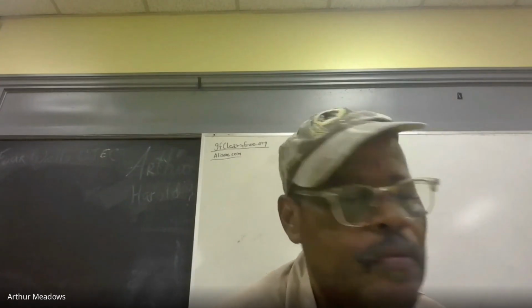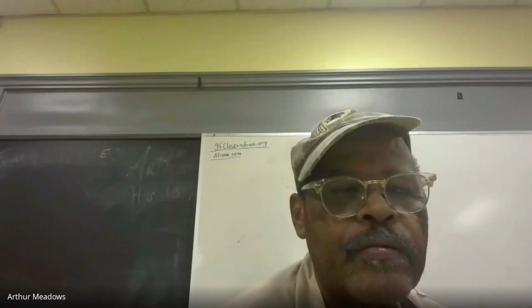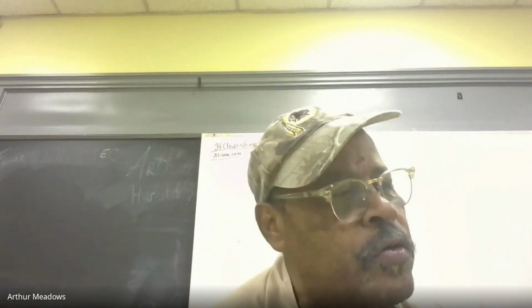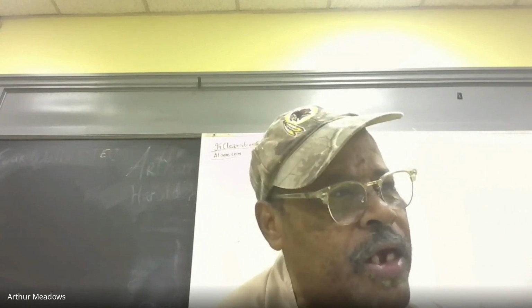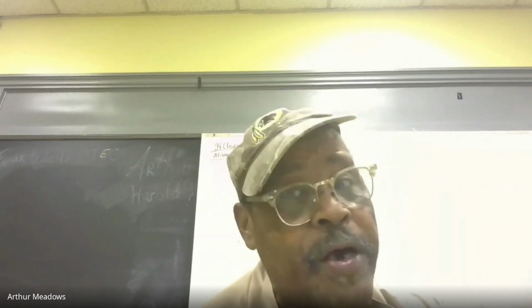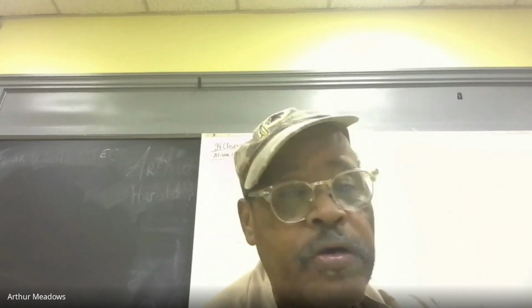Got it? You got it? That's what I'm talking about. That's why they're giving you these charts here. Because when come time to take that test, they're gonna ask you to convert these, and you can see it right here, and all you got to do is do the math.